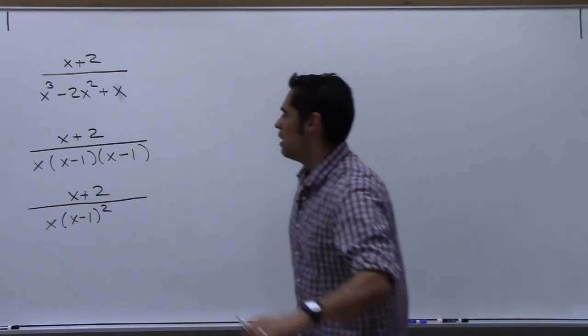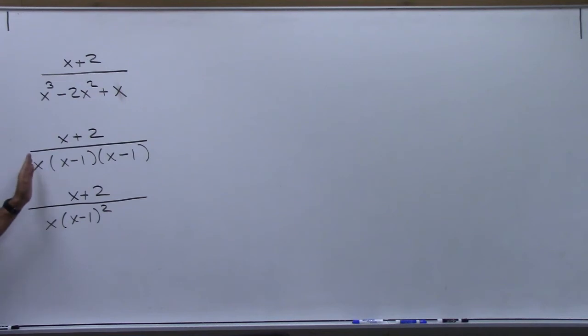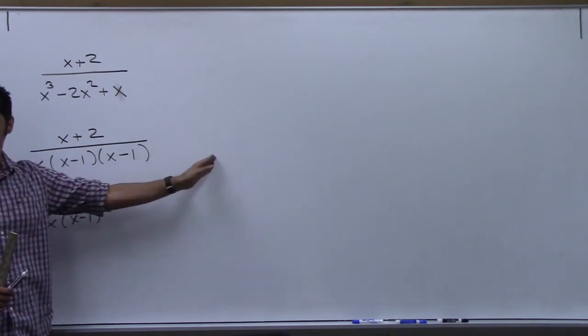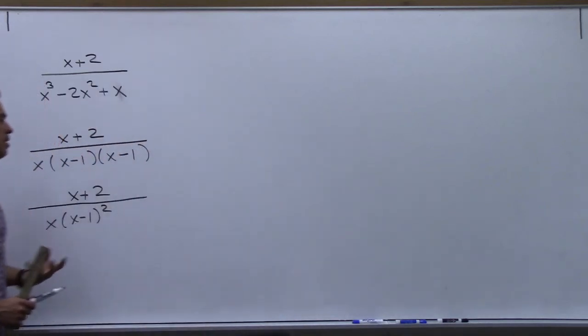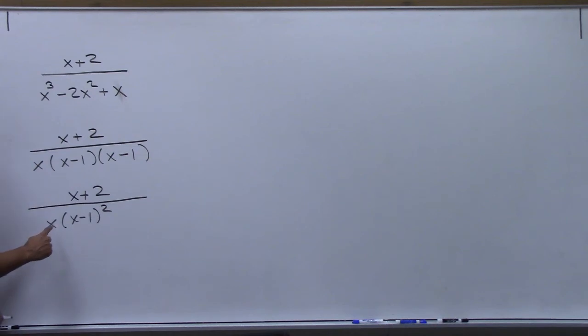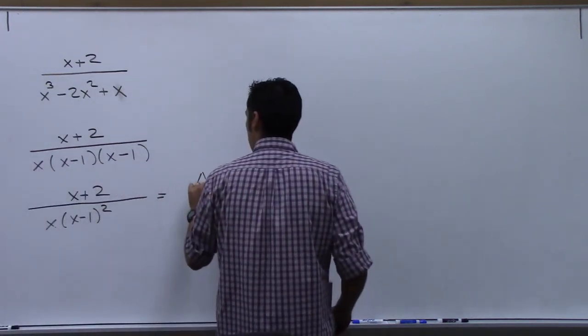So what we've been doing up to this point is we've been saying, hey, for every distinct linear factor, we do like A over it, B over the next one, C over the next one. This time we don't have distinct linear factors. We have one distinct linear factor, x. This is x to the first power, so that's different than x minus 1. So I can put A over x.